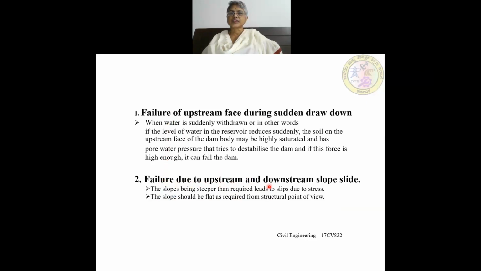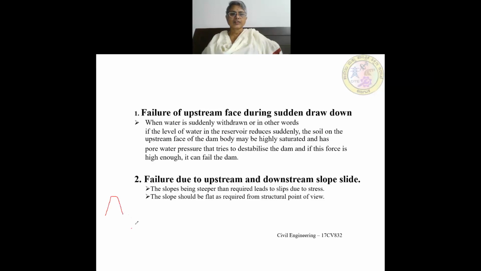Failure due to upstream and downstream slope slide. Slopes being steeper than required leads to slip due to stress. So here you should have a flat slope, not a steep slope. The section should not be steep like this.